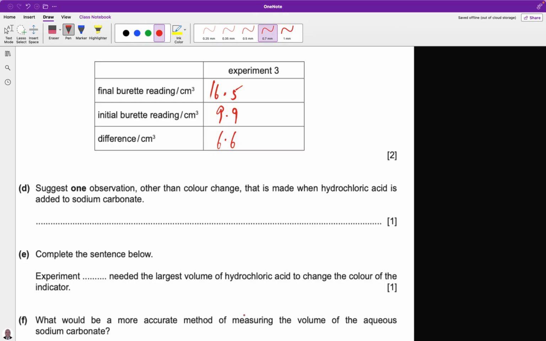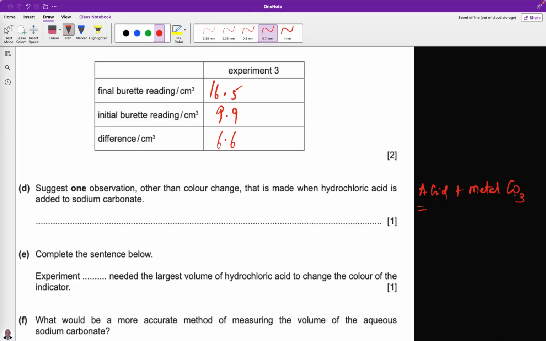From our previous studies, when an acid plus a metal carbonate react, the observation that you will see: a gas is released.